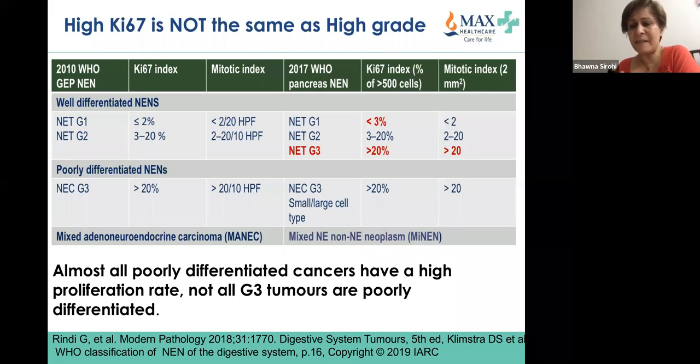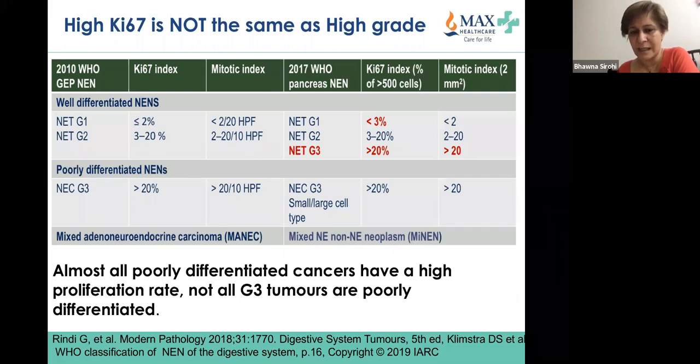But in well differentiated tumors, there is now a new category, neuroendocrine tumor grade 3, which is more than 20% Ki67, and the mitotic index goes hand in hand as well.